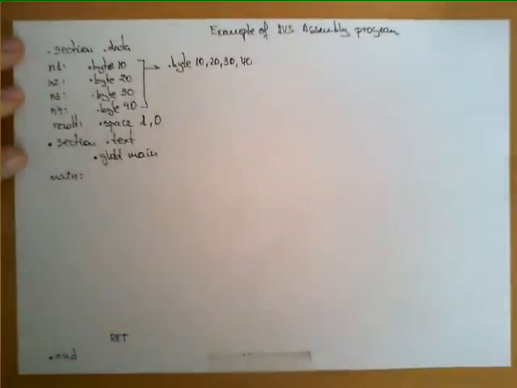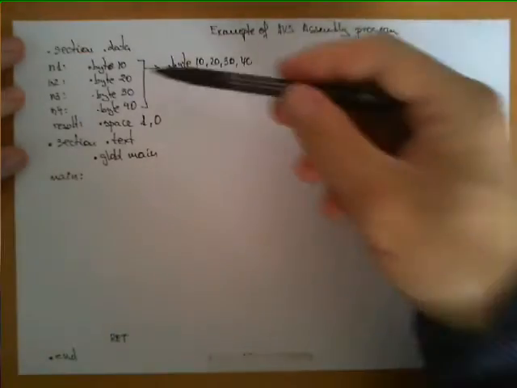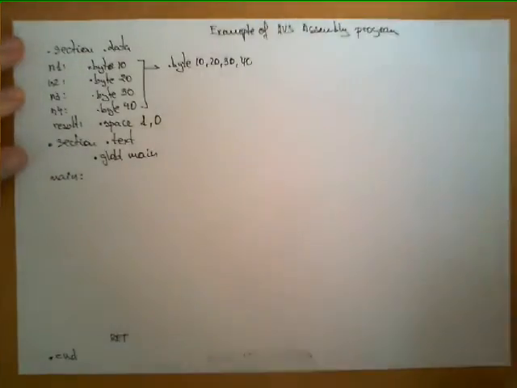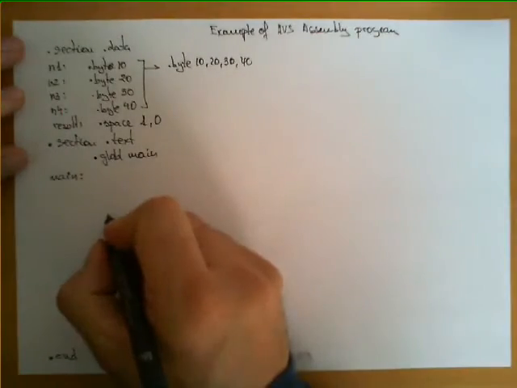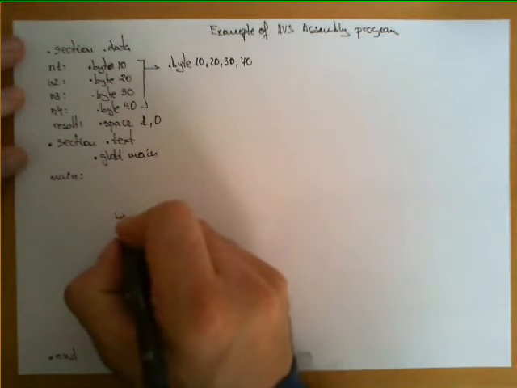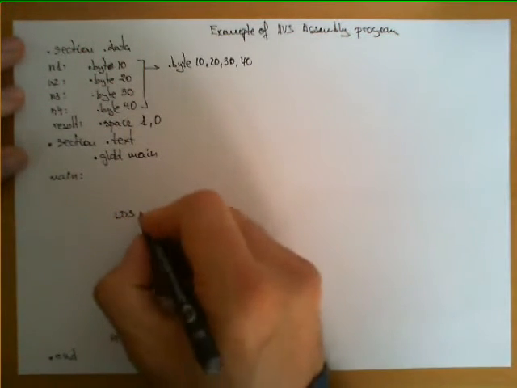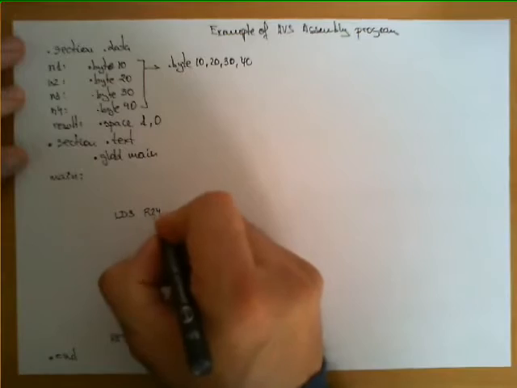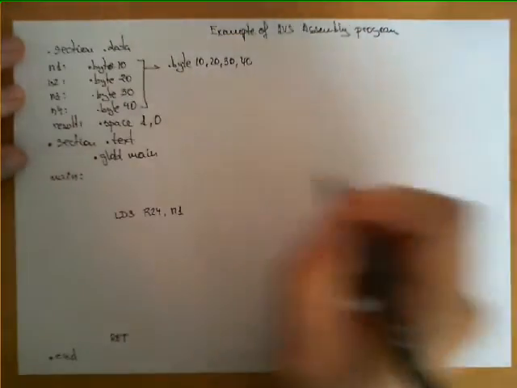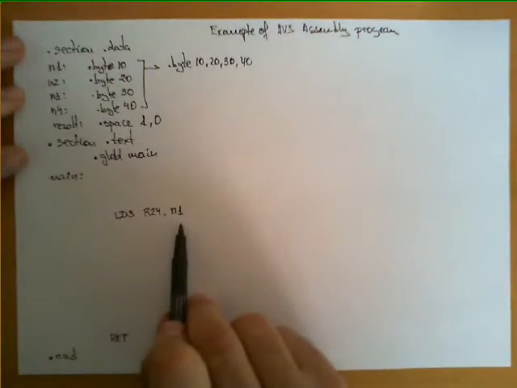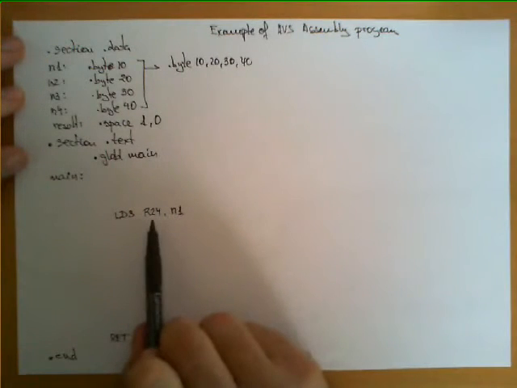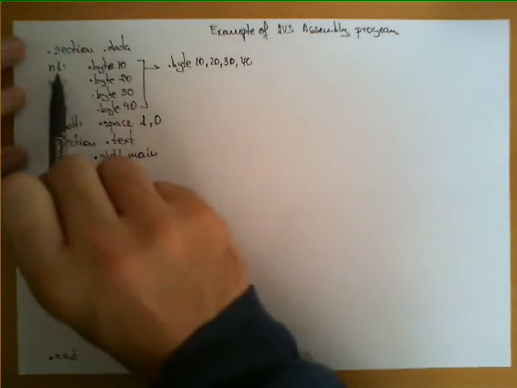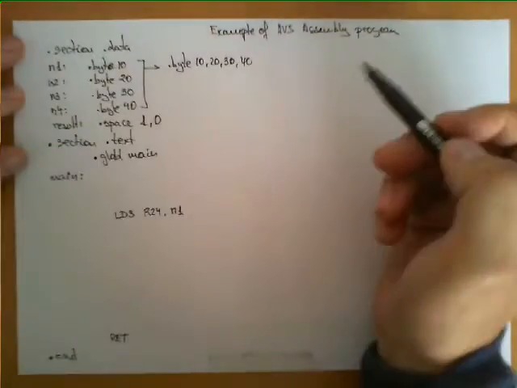Now what kind of operations are we going to do here? Again, the program has to add these 4 numbers and place the result here. So one first operation we would do is to load with instruction LDS in R24, register 24, the number N1. And we can do exactly that with this instruction. Now remember, this label over here is telling us that we are loading in R24 the content in memory which corresponds to label N1.